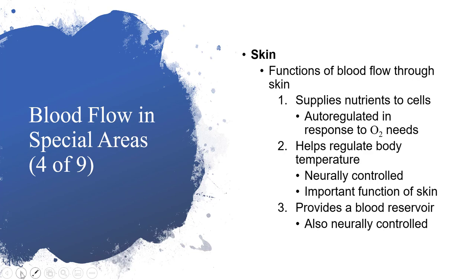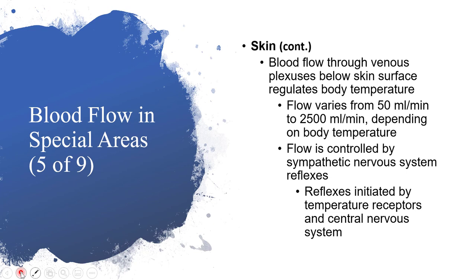The reason you look pale is that there's vasoconstriction in your skin, and all of the blood is directed into the vital organs that can help you in your fight or flight response.